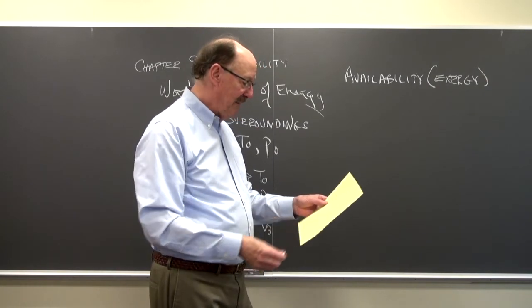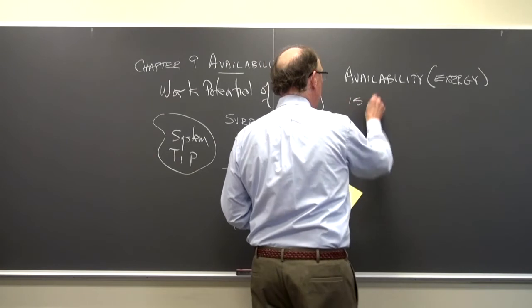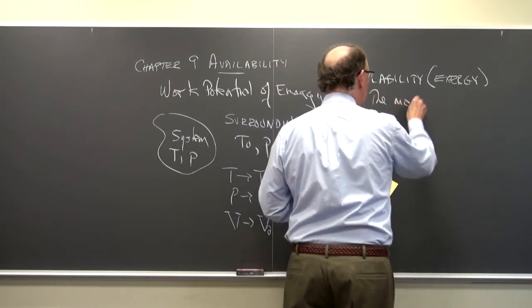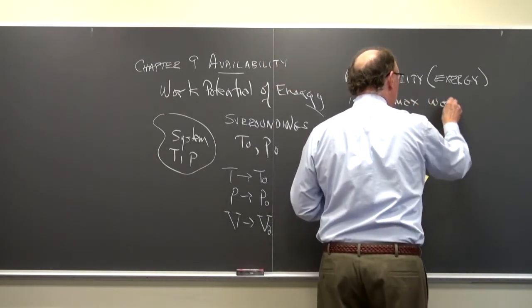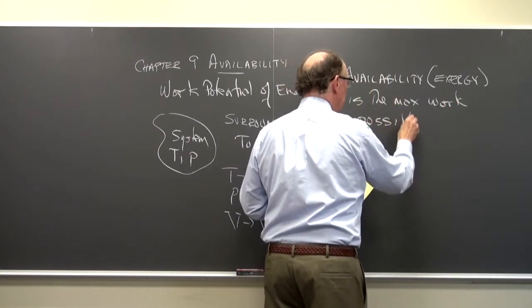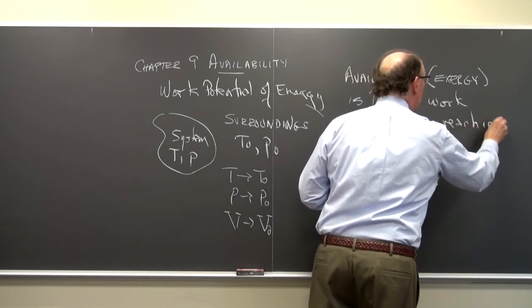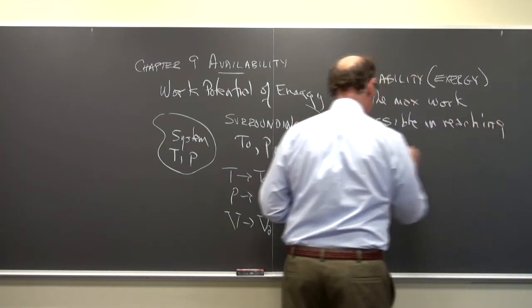And so the availability of a system is the maximum work possible in reaching equilibrium with the surroundings.